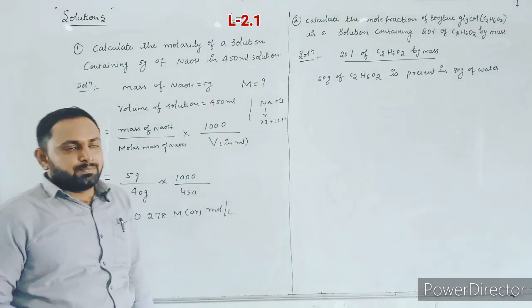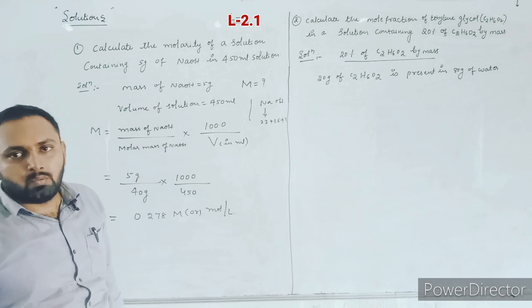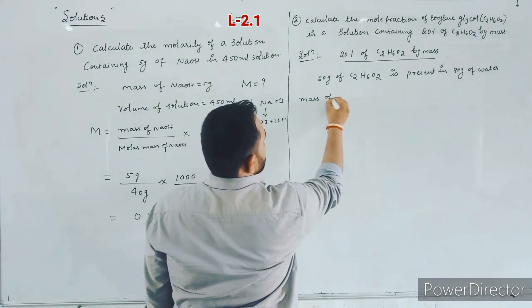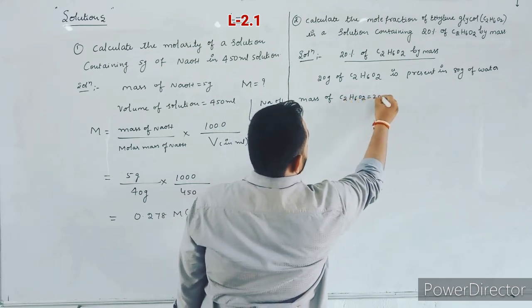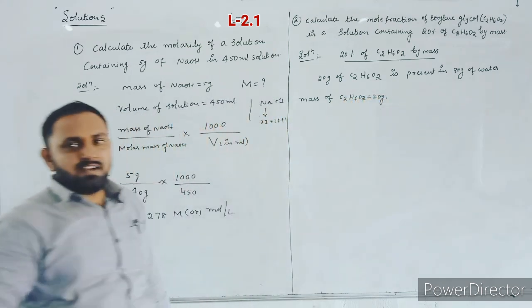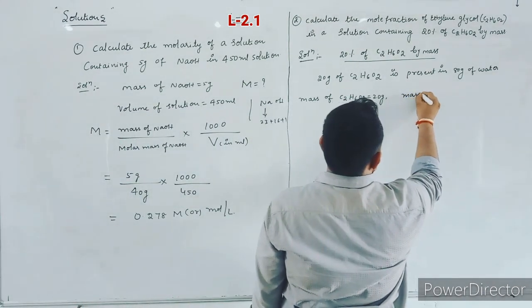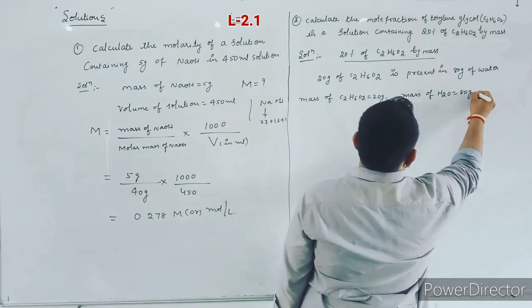Now let us write the mass of ethylene glycol and mass of water. Mass of ethylene glycol is equal to 20 grams. Next, mass of water is also given indirectly. Mass of water is equal to 80 grams.